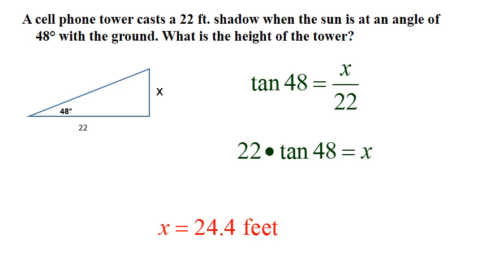And x is about 24.4 feet. That would be the height of the tower. All right, hopefully this is making sense to you. The key to this is reading the problem carefully, labeling the triangle correctly, and then from there you should be able to set up any trig equation.